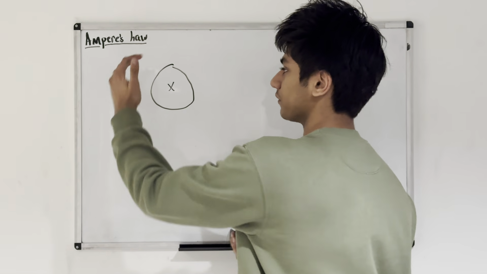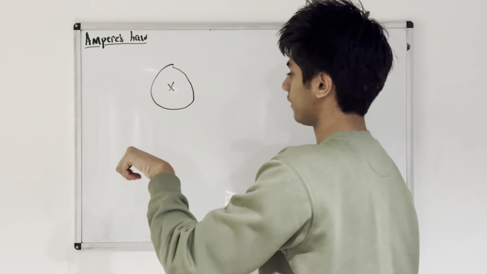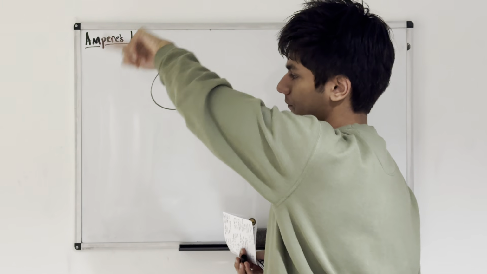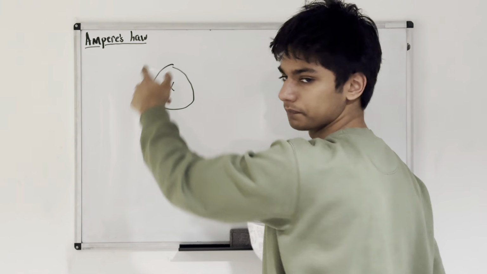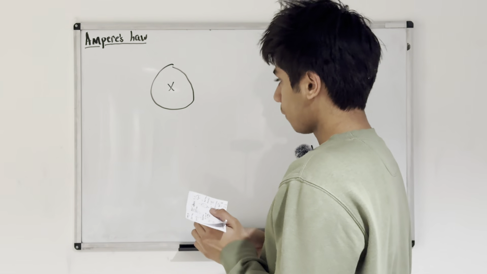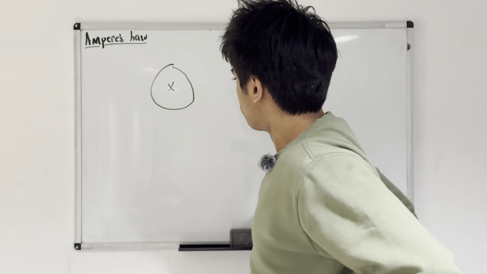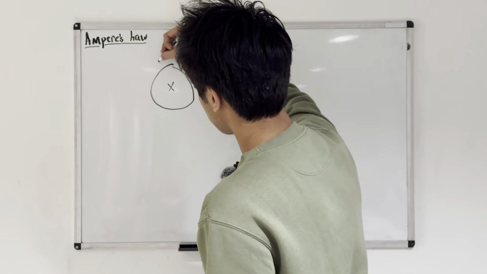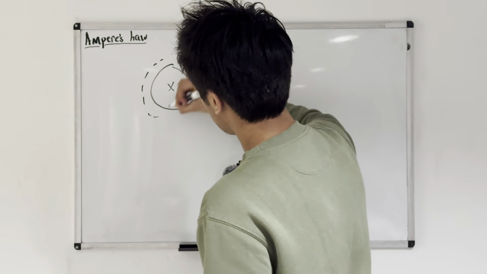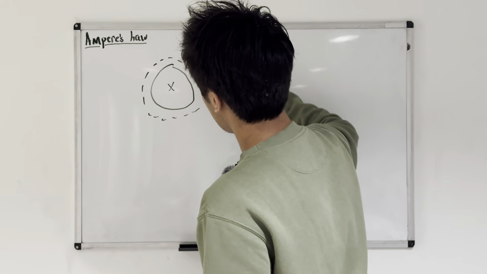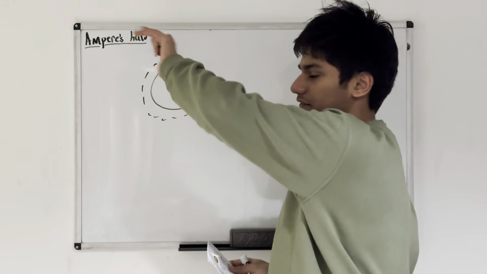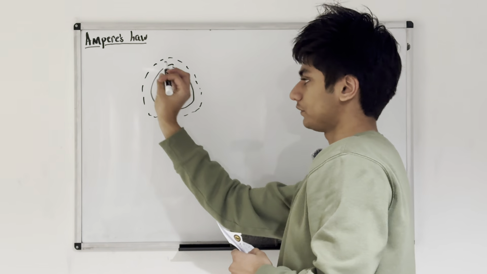Using the right-hand rule, our magnetic field goes around the wire in loops in this direction. We want to create an Amperian loop for the inside and outside to find the B field. Let's create one for the outside first. It's going to be like this, because our magnetic field is going around the wire like that. So our Amperian loop is that.